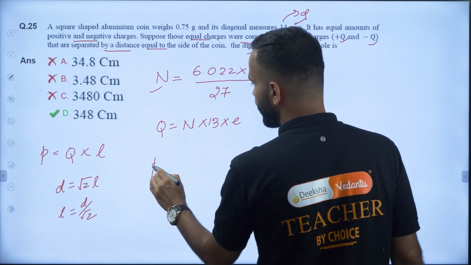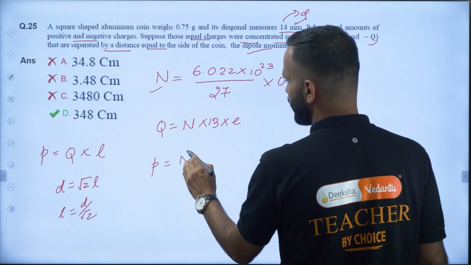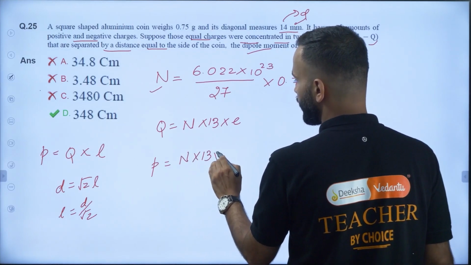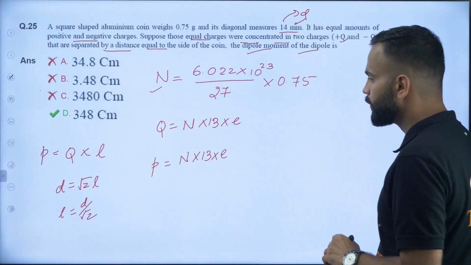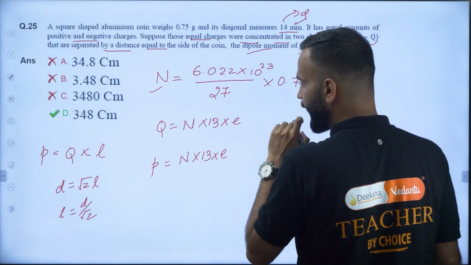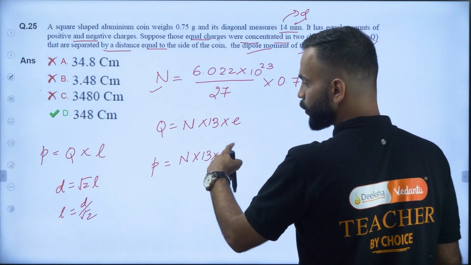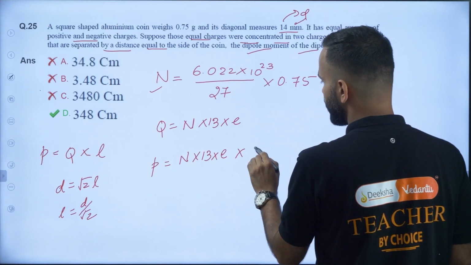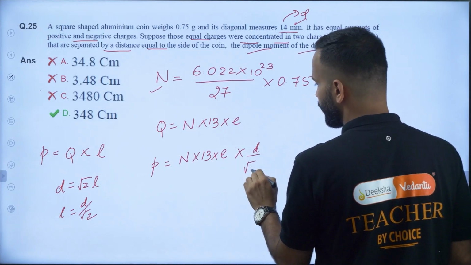So now P is equal to Q, that is N into 13 into e, where e is the charge of the proton, into L, and L is D divided by root 2.